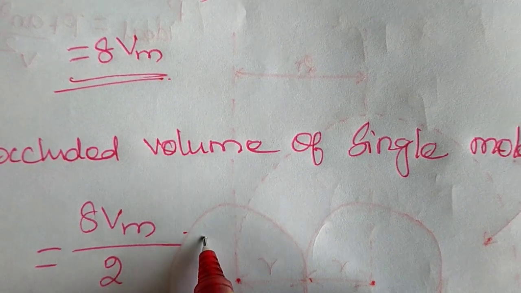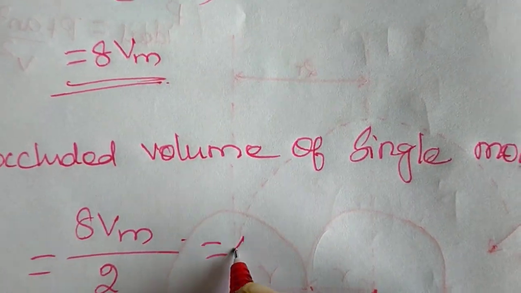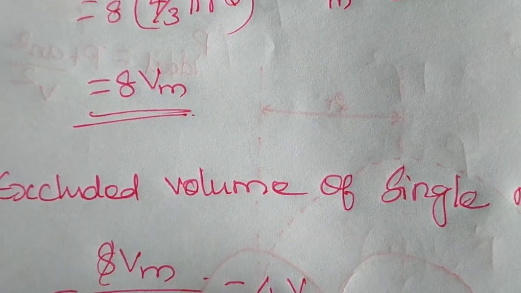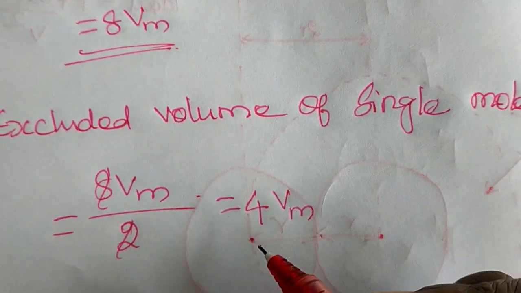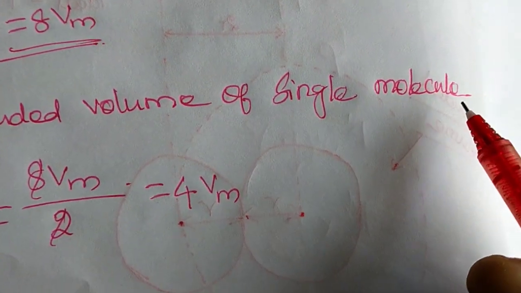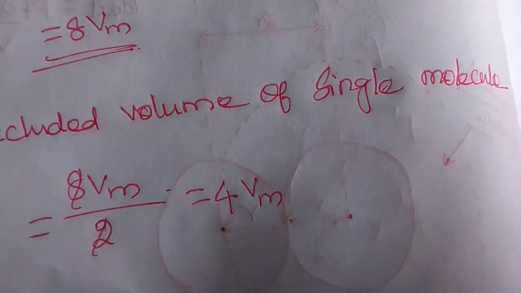That's why we get 4 Vm. This is the excluded volume of a single molecule, as represented by Van der Waals.